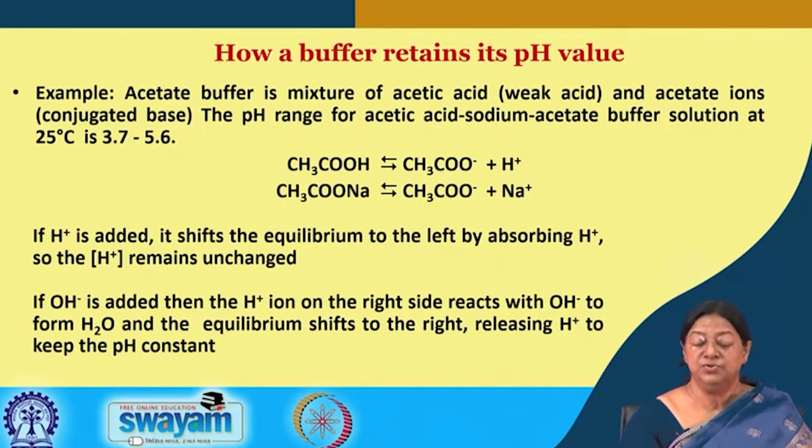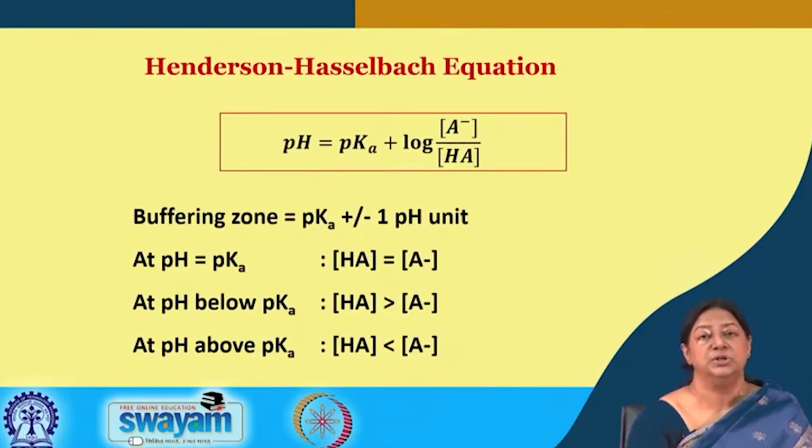It is important to realize that the buffer solutions we are going to consider, the measurements and the preparations of buffer solutions that we are going to show you, depend upon this equation here.